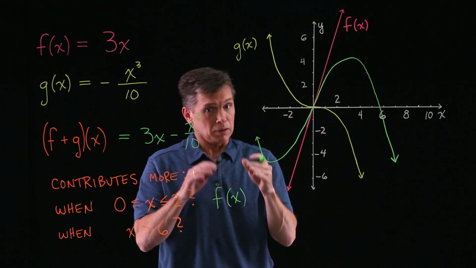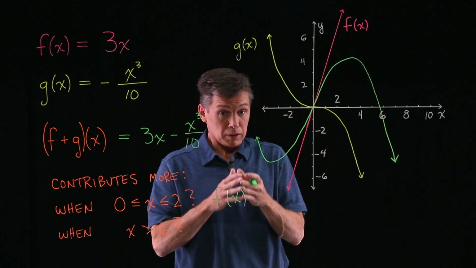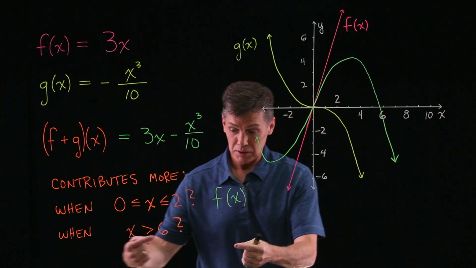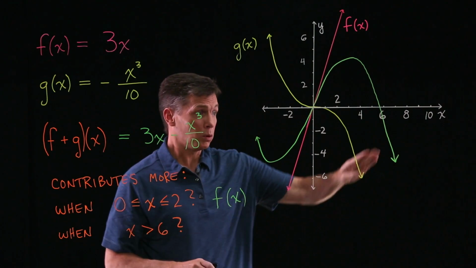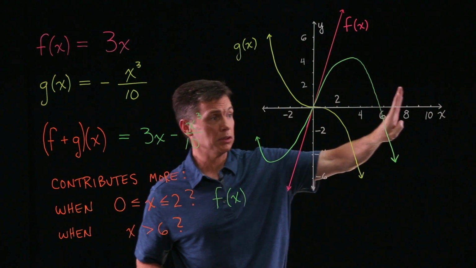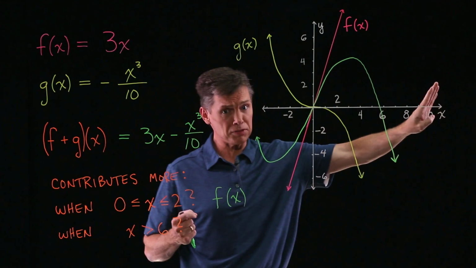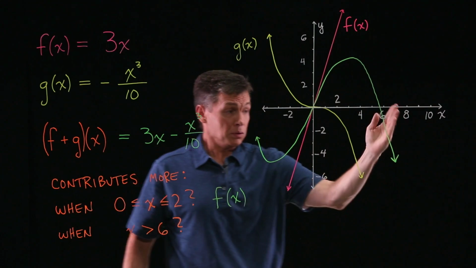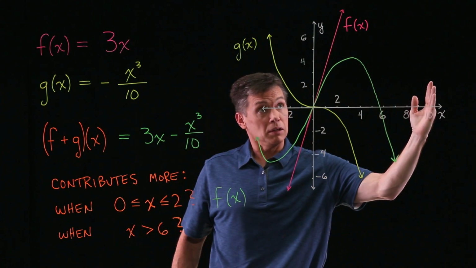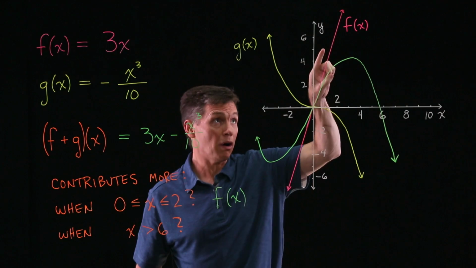Okay. Pause, take a breath. Same type of thinking, but this time we're looking at x greater than 6. So when we're way over here, 6 or higher, which of the functions f or g is contributing more to the green graph? Well, from 6 on, my gosh, my pink graph is off the charts.